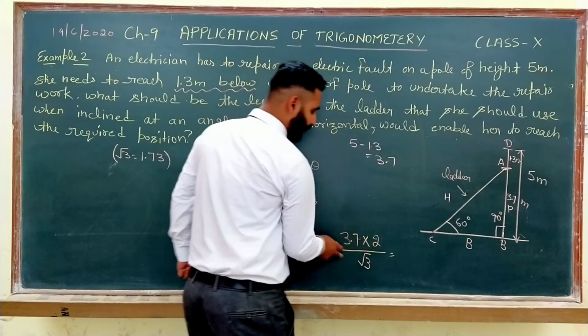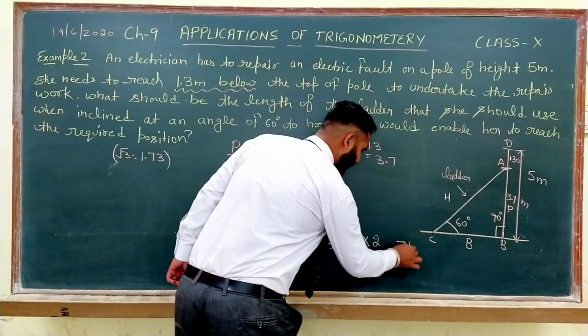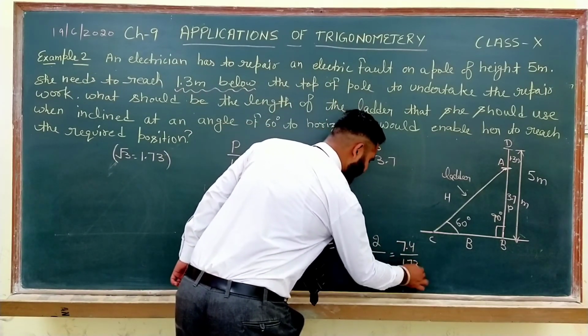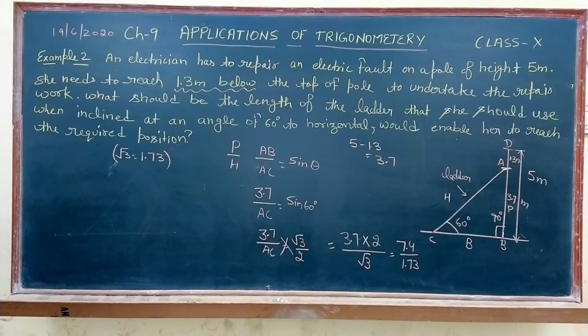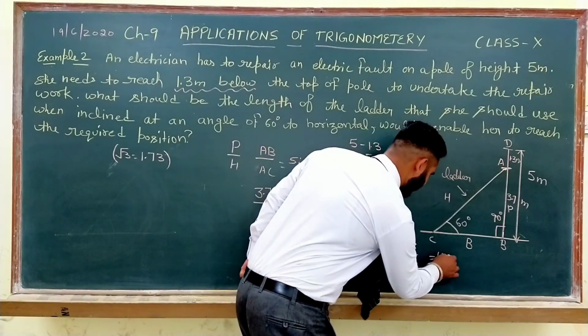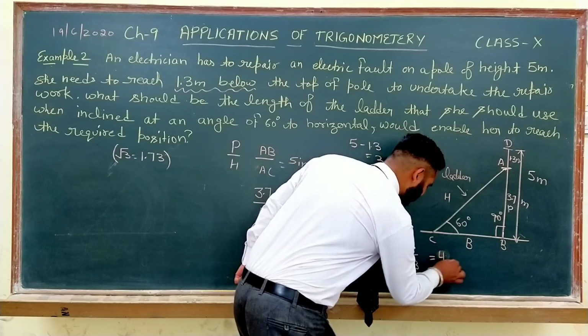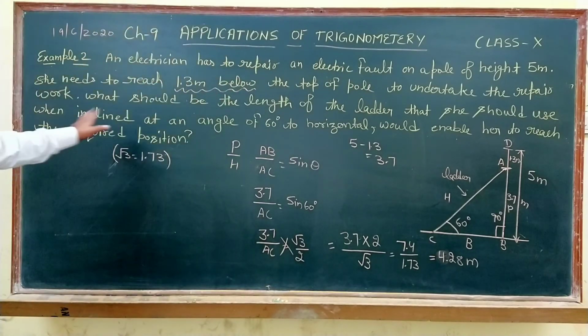Fine. So further multiply 3.7 into 2, it will become 7.4 divided by 1.73. When you solve it, you will get the answer 4.28 meter. So I hope this is clear to you.